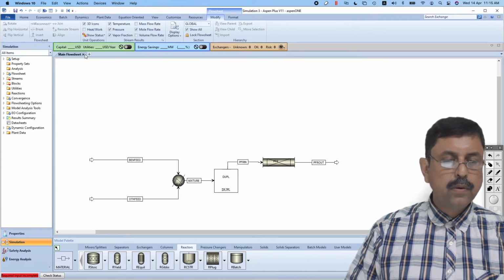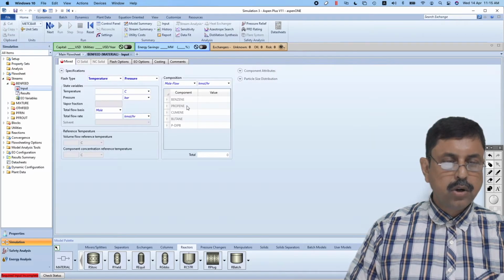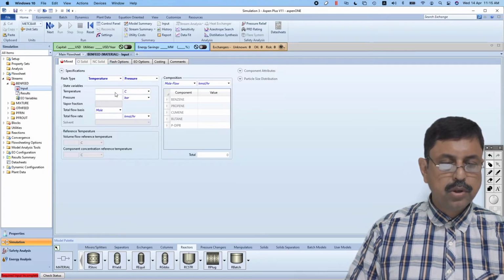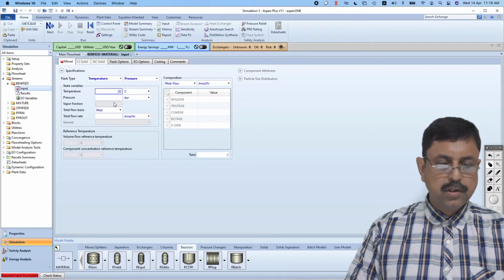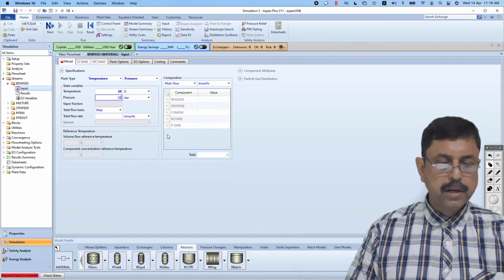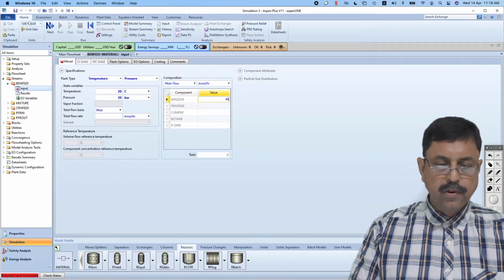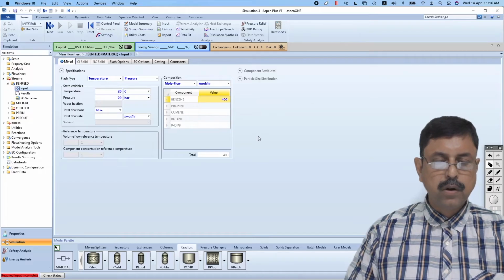Now we have to give the components. Benfeed input 20 degrees centigrade, 20 bar pressure, and benzene molar flow rate is 400 kilomole per hour.